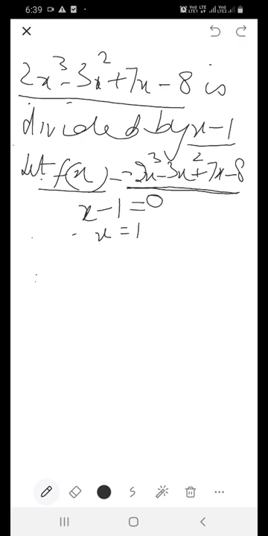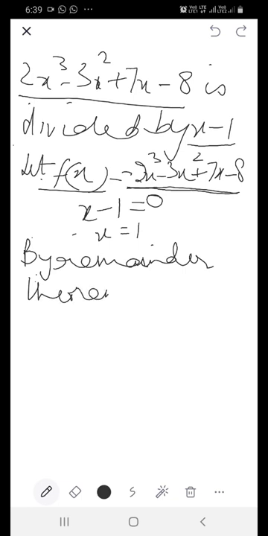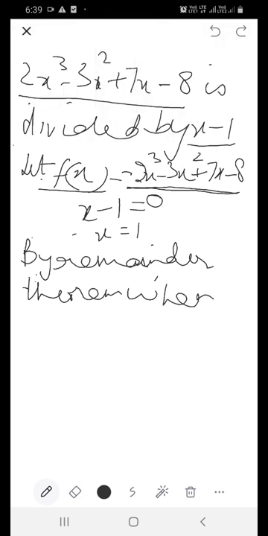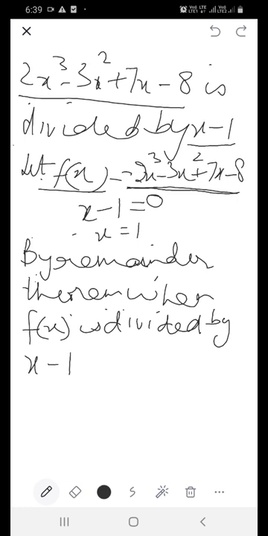The statement is: by remainder theorem, when f(x) is divided by x minus 1, remainder is equal to f(1).